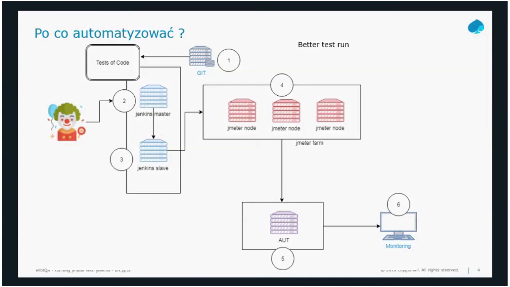And obviously, usually we also attach monitoring to the application under test. So we're going to build that case in the demo that follows. So I will now close the presentation and we'll start with actual tests and building this setup.